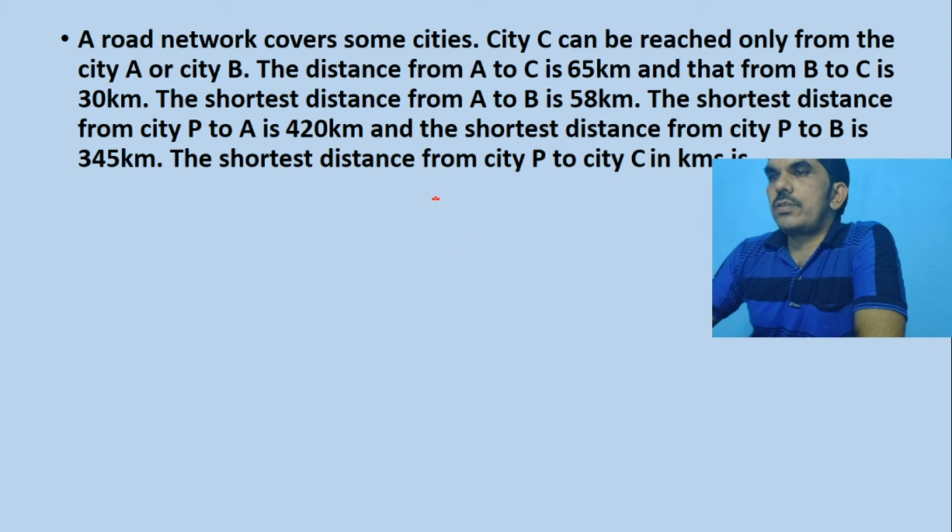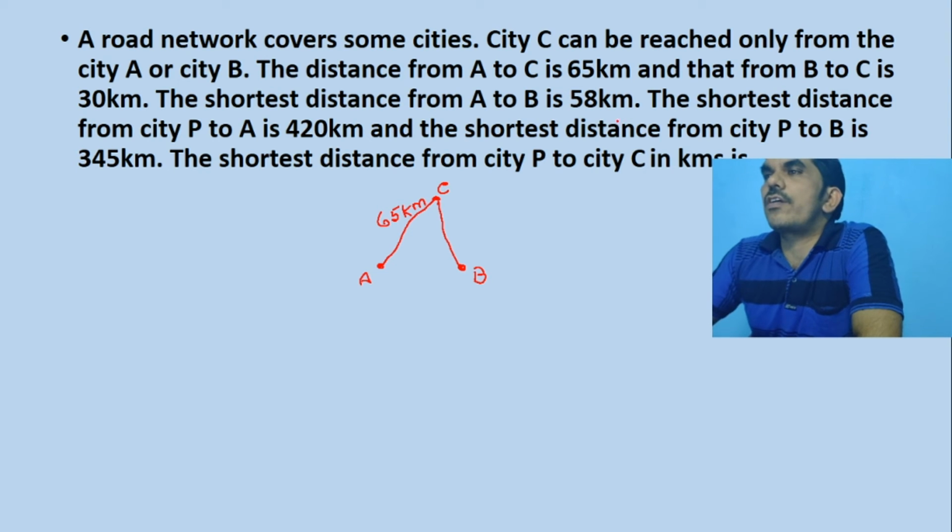Some city C, city A and B. So there is a reach from city A as well as city B. The distance from A to C is 65 km. So this distance A to C is 65 km. And that from B to C is 30 km. So this is 30 km.